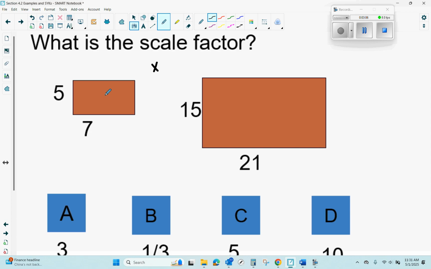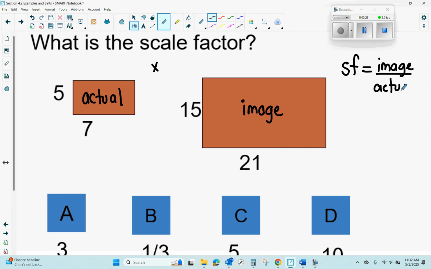The first one is always considered to be the actual thing you started with, and the second one is always considered to be the image. So when you go to use your scale factor formula, we always do the second object, which is the image, divided by the actual.